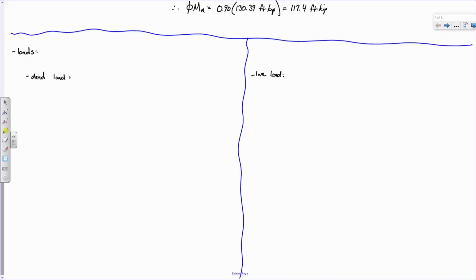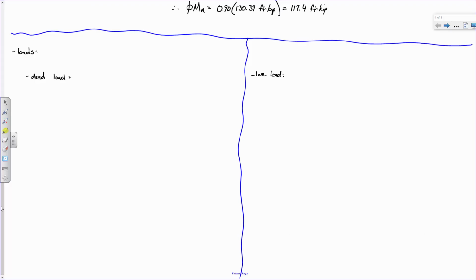Now the dead load on this beam is a uniformly distributed load. It's really small, only 5 pounds per foot. If you have a beam with 5 pounds per foot, in reality, what do you think you can do for a problem like this? Just ignore it. We're not going to ignore it here, not because I'm trying to make the problem more complicated, but because this is a review and I'm trying to make sure everybody remembers how to do this.